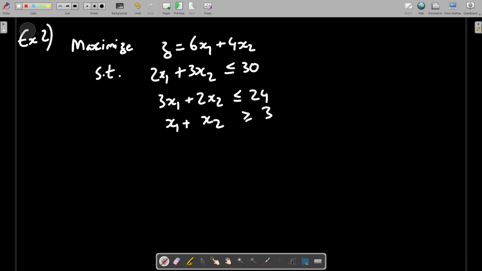Okay, so this sounds pretty much legit now that you want x1 plus x2 to be greater than or equal to 3. And x1, x2 are both greater than or equal to 0.